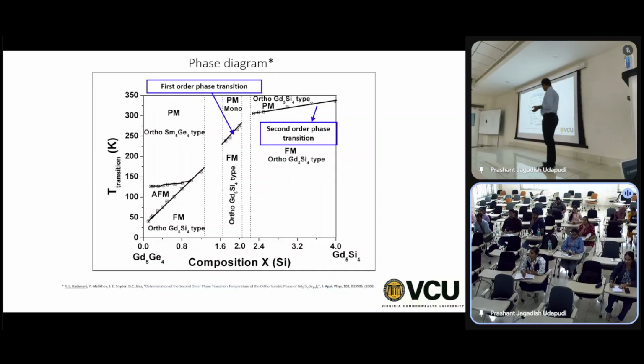But we want to use this for room temperature purposes. So that means we want to be somewhere here, right? This is the magnetic phase diagram. Now, we wanted to be on the safer side, because when you are at 260, 270, if you want to characterize these materials, you may not be able to cool it down to lower temperatures.